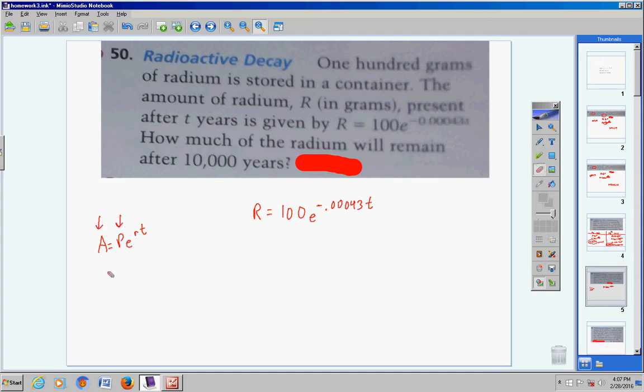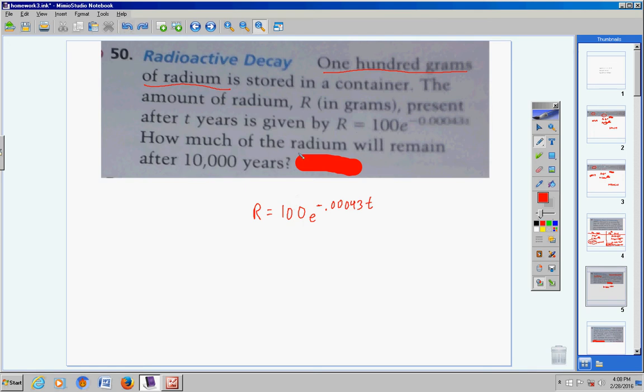I know we don't have the exact same model, and this is not an interest problem, but this is still your ending amount, and this is your starting amount. So we start off with 100 grams of radium. It also told you that right here. But if they had not told you that, you would still know it, because this is your starting amount when time is 0.